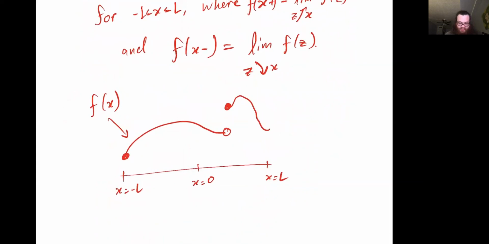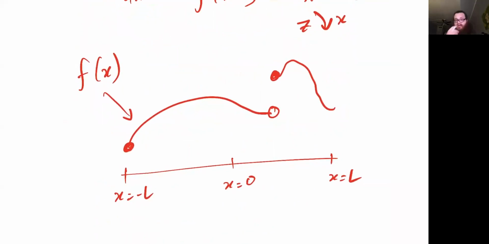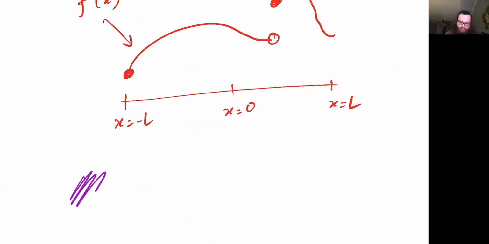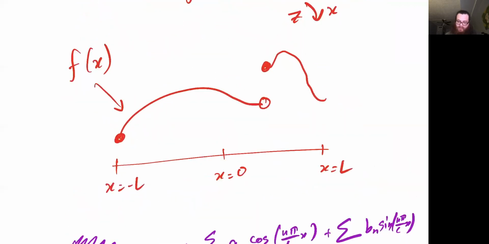So as an example, if we want to sketch kind of what's happening here, purple, this is equal to the Fourier series, a sub n cosine of n pi over L x plus the sum of b sub n sine of n pi over L x. Okay.